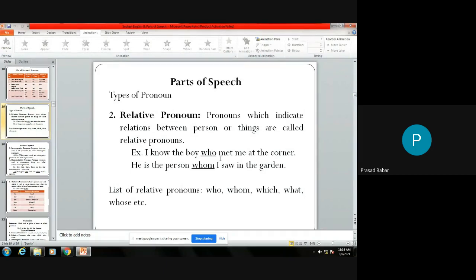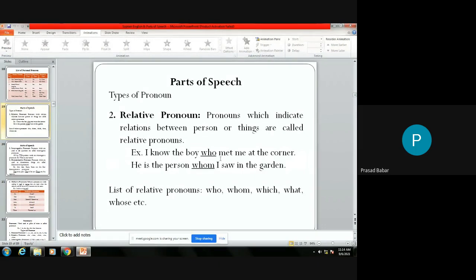Okay, the next example is: he is the person whom I saw in the garden. The speaker is saying that he is the person whom I saw in the garden.